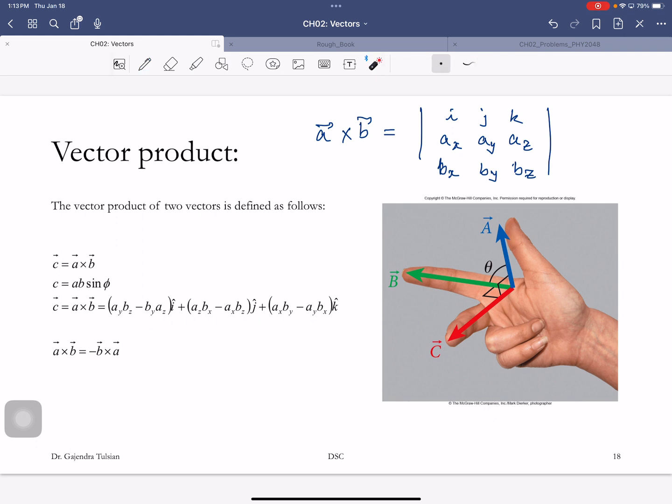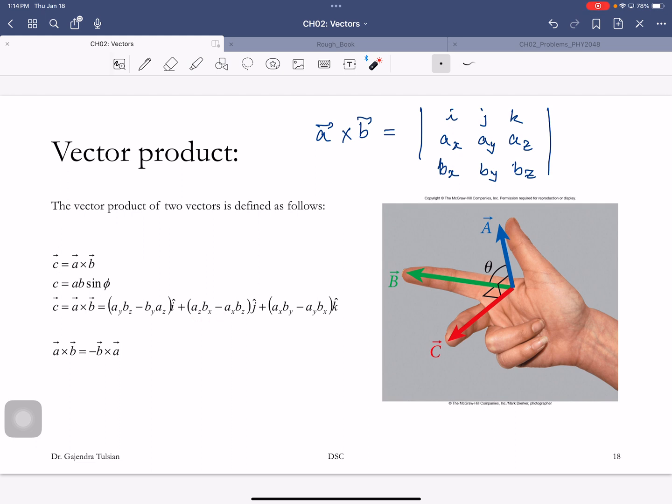So A cross B is AYBZ minus AZBY I, plus AZBX minus AXBZ J. You'll use it enough times that you'll remember it, and even if you don't, you'll just look it up.